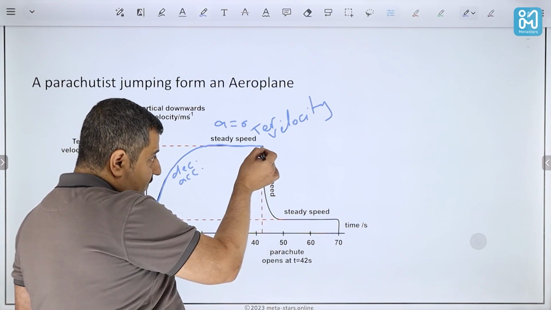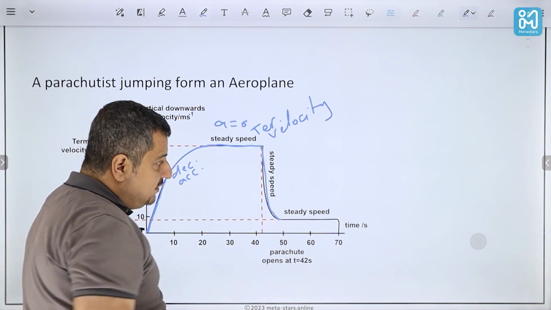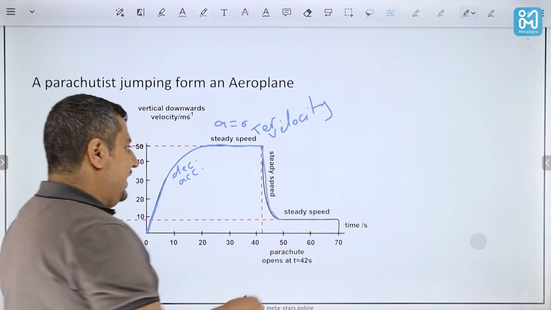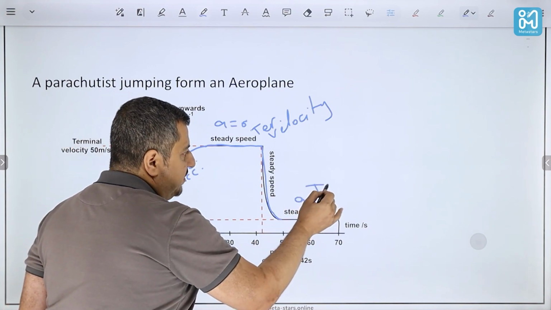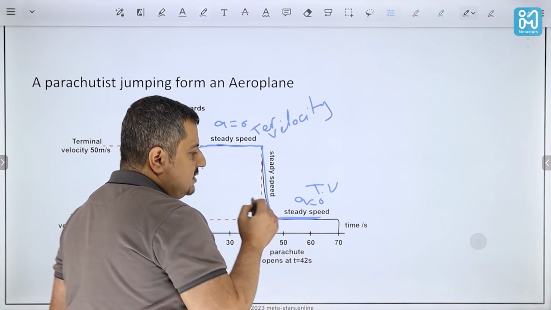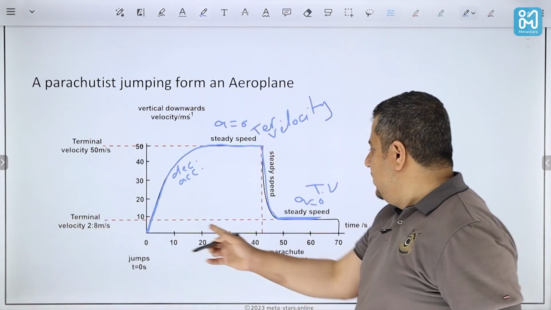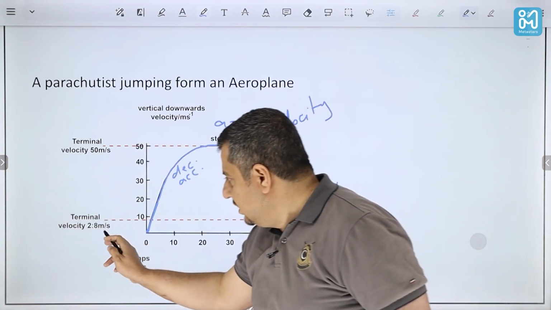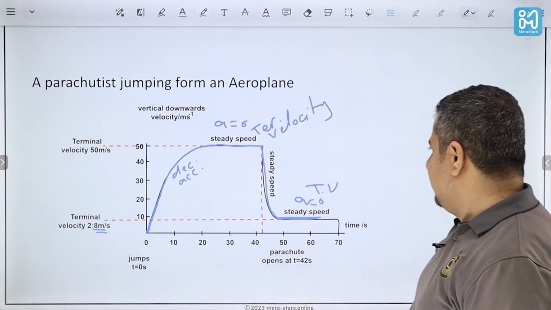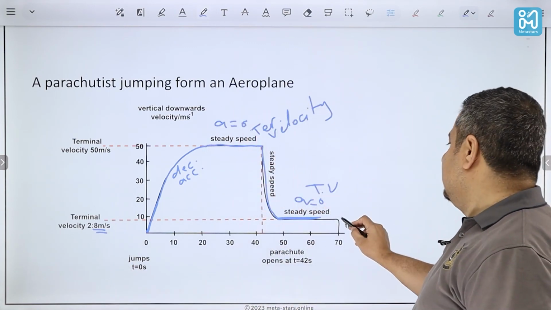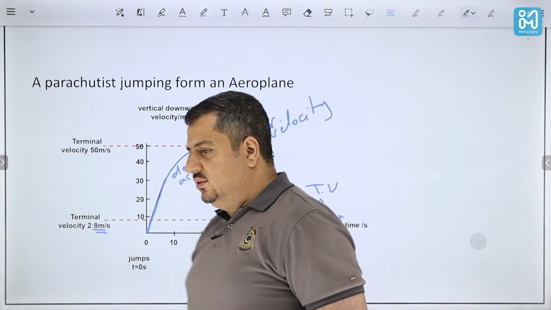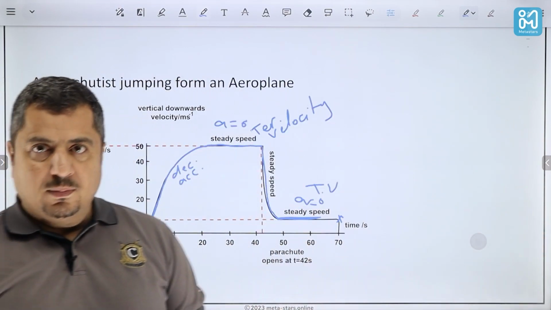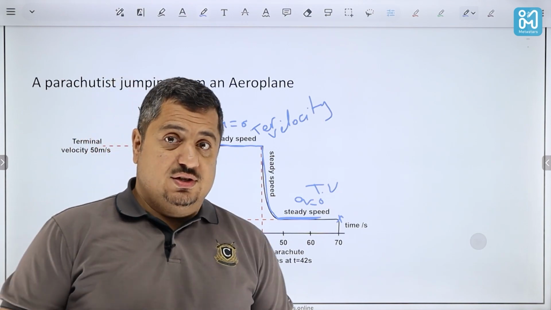So there is a drop of the speed, as I said, to reach again acceleration equal to 0. This is a second terminal velocity, but with a lower speed. Let's say it's 8 meters per second, until the man reaches the ground at a certain point.